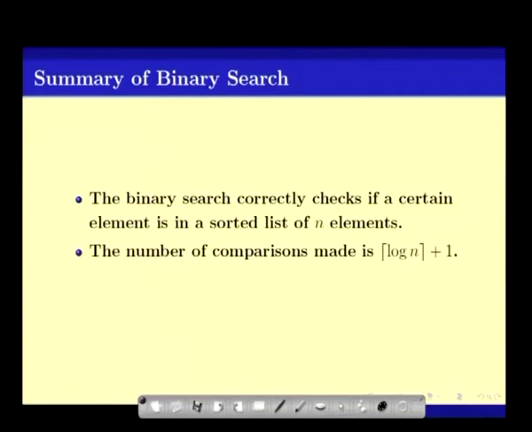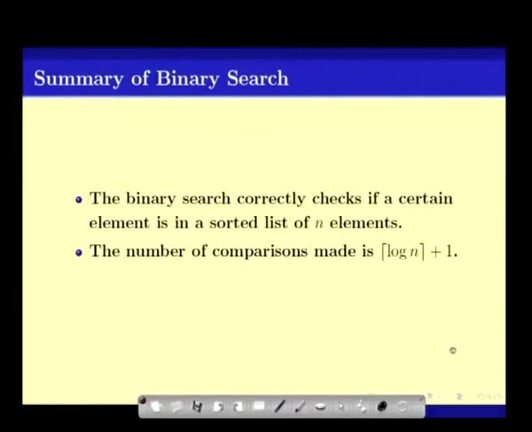The number of comparisons made is log n plus 1. This is something we did in the last lecture. The main idea is that, as I told, every time we are halving the U minus L distance, because every time either L goes to m or U comes to m minus 1, thus we are halving this distance every time.